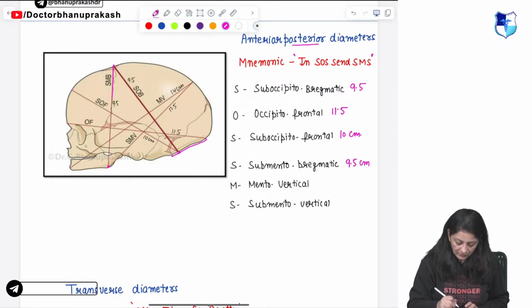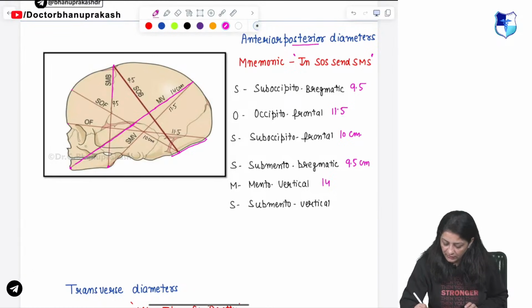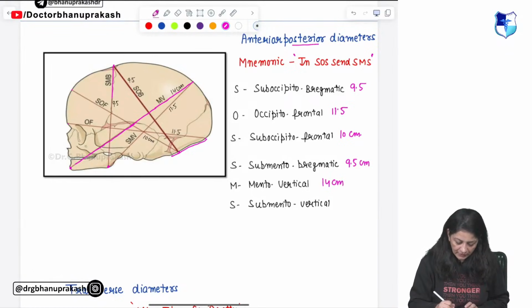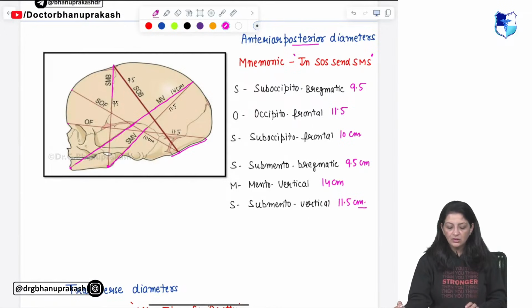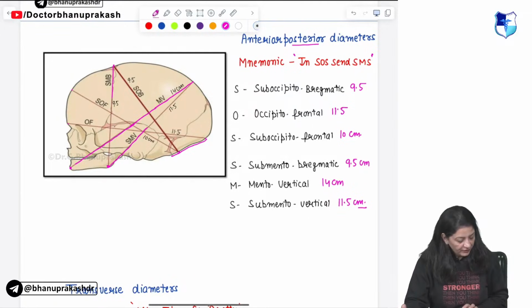Mentovertical is the longest diameter of the fetal skull, 14 centimeters. Submentovertical is around 11.5 centimeters. So these are the anteroposterior diameters of the fetal skull.